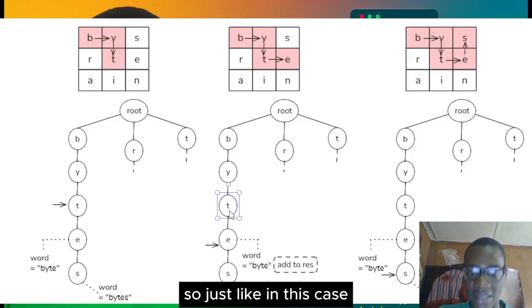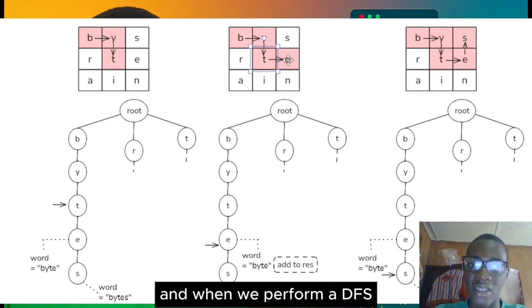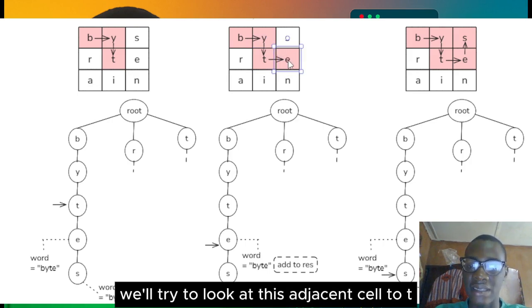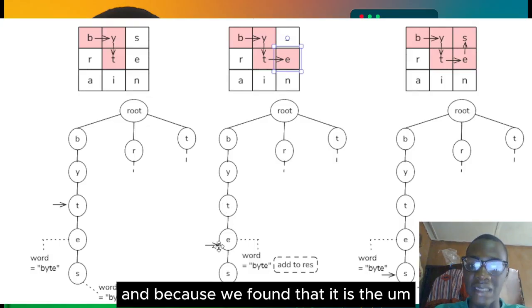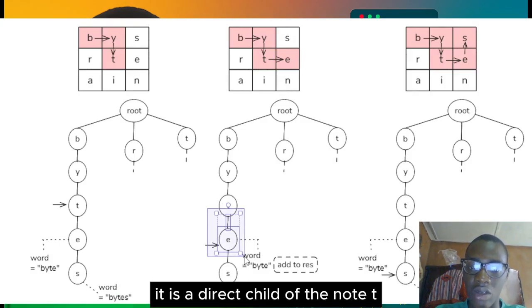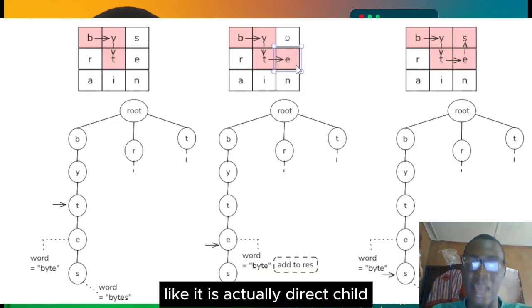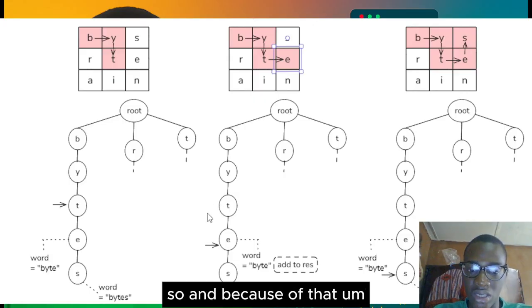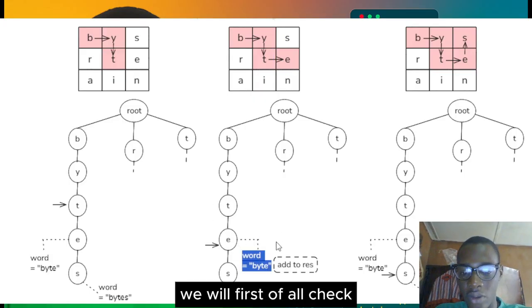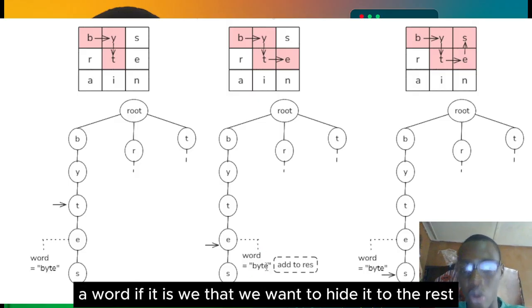Just like in this case, we are currently at T, and when we perform a DFS, we look at the adjacent cell to T, and because we found that it is a direct child of the node T, it is valid. So first of all we check if it has the word attribute set to a word. If it is, we want to add it to the result.